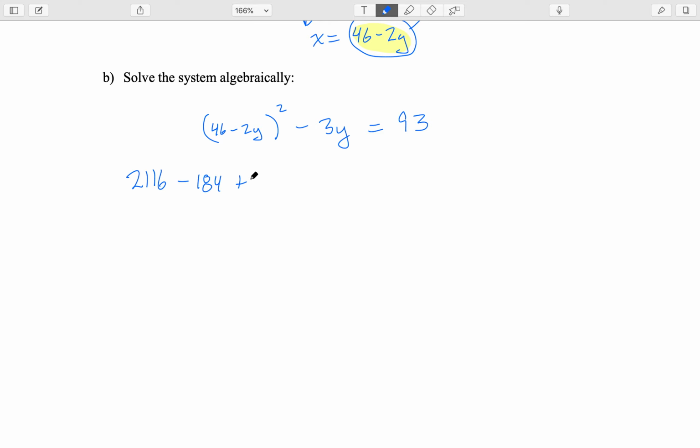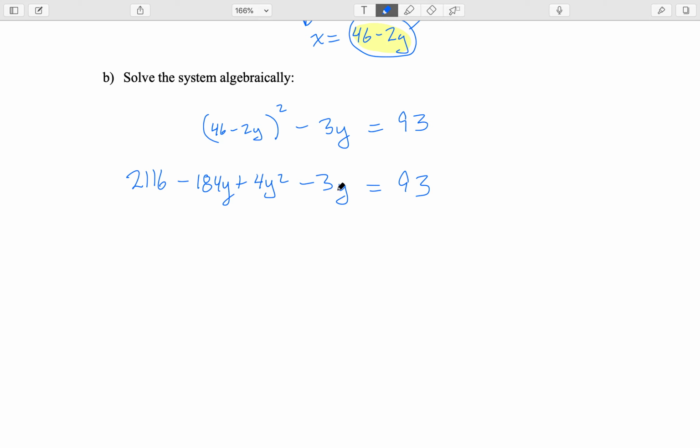Yikes. Plus 184y plus 2y times 2y, 4y squared, minus 3y is equal to 93. Yikes. Okay, that's a lot.